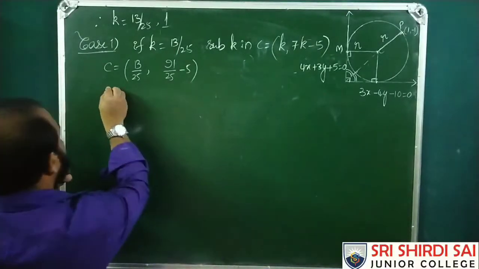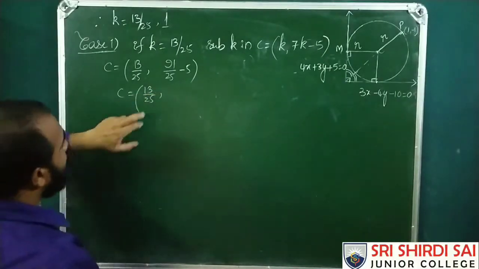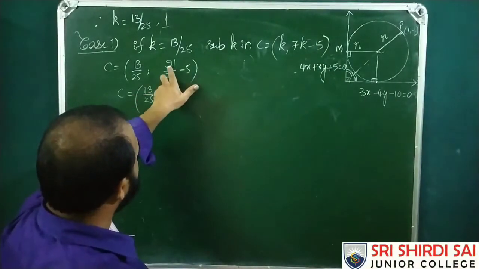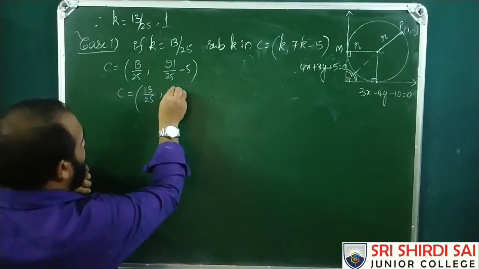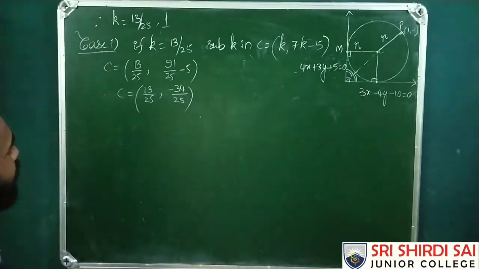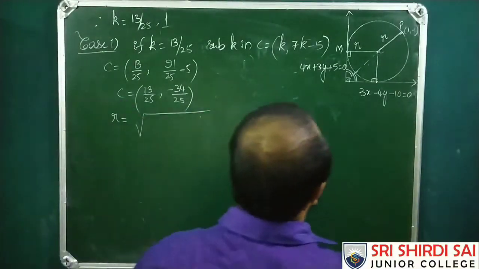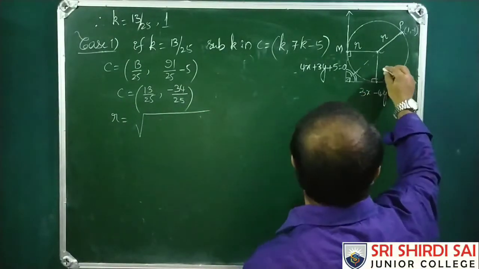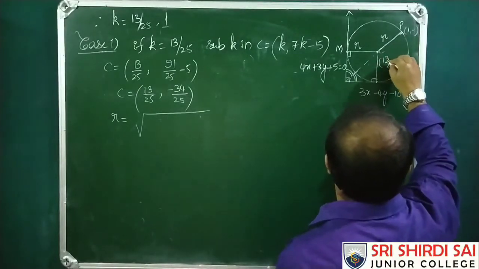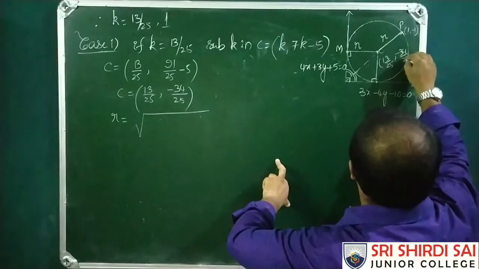So therefore c is equal to 13 by 25, comma, 25 fives are 125 minus 91, so minus 34 by 25. So the center is 13 by 25, comma, minus 34 by 25.